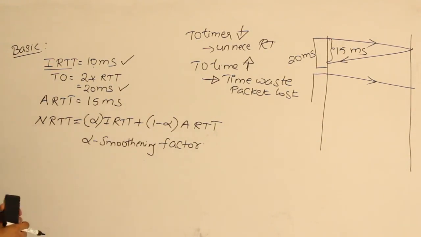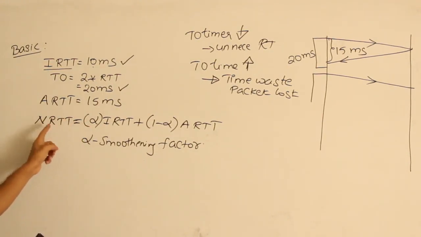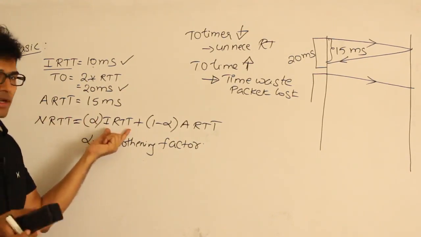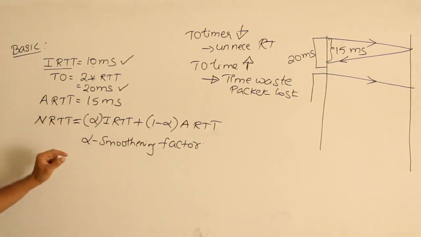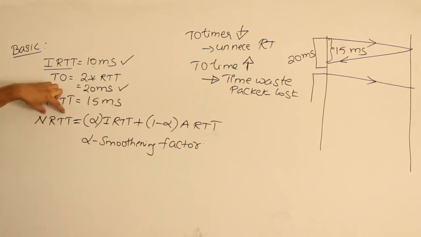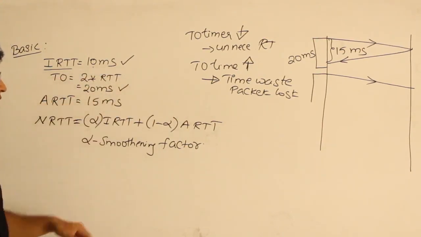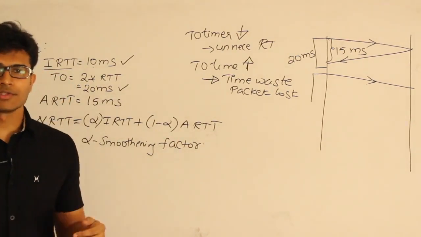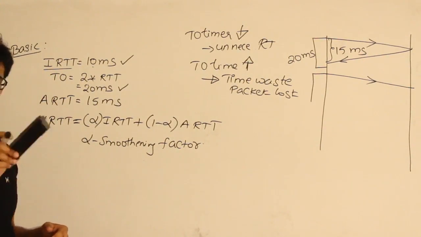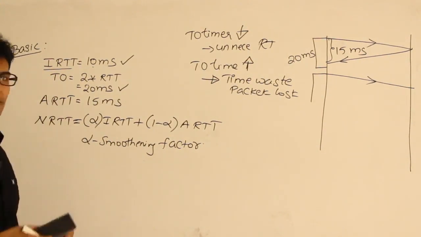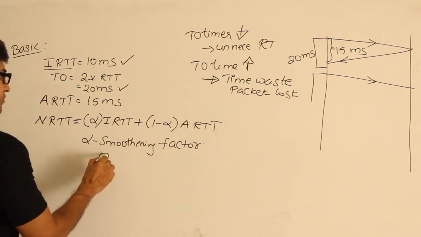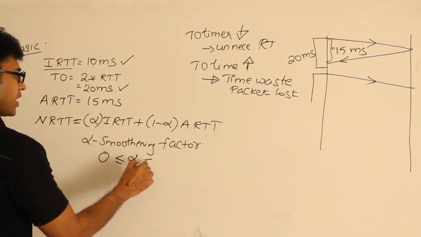If alpha is 1, then next RTT is equal to initial RTT, which is purely static. What happens if alpha equals 0? Then next RTT equals ARTT, which means whatever the previous packet gave, we always use that as the next packet's timeout. Very dynamic. So alpha has to be some value between 0 and 1.